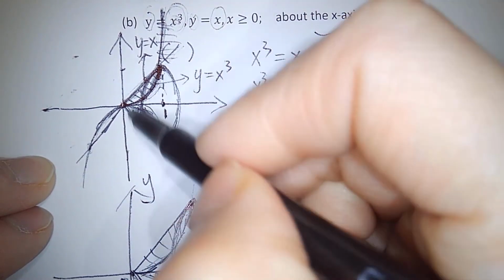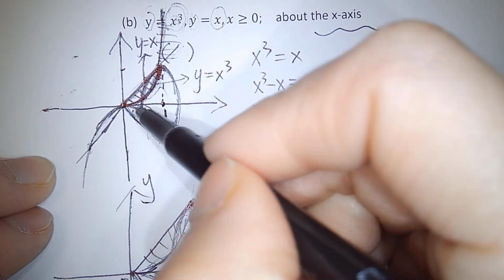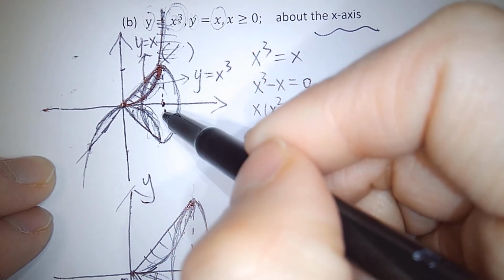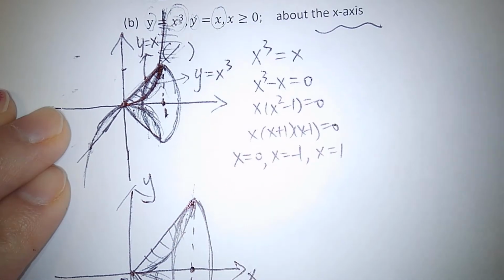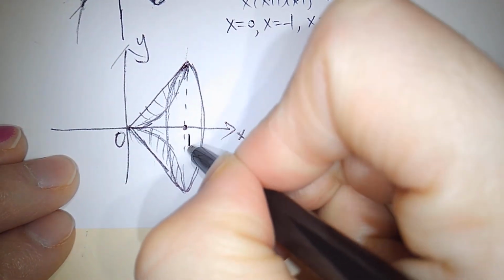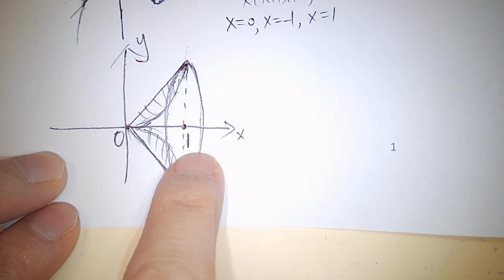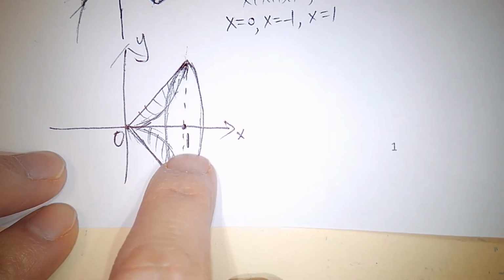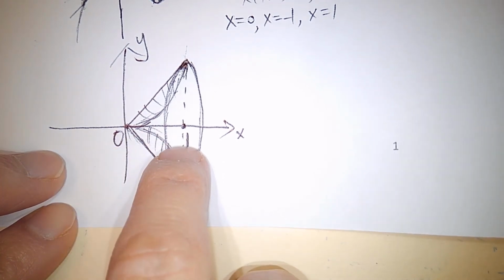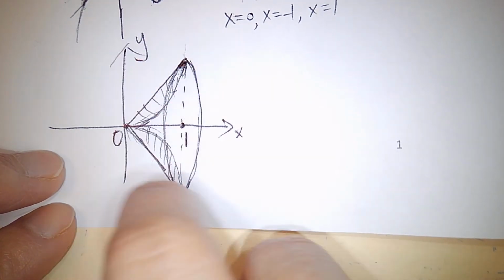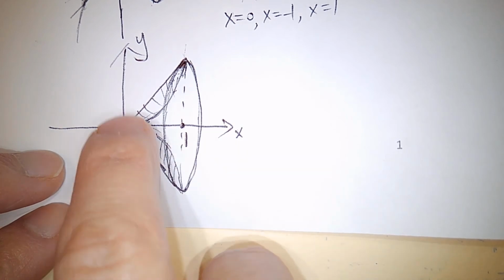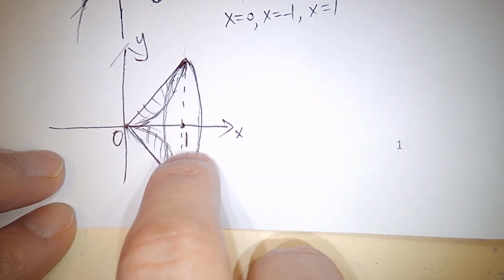So our solid, after we rotate, must vary between where to where? 0 to 1, right? So this is 1, okay? Later when we integrate, we need to find what the a to b values are: 0 and 1. So our solid is bounded between x equals 0 and x equals 1.